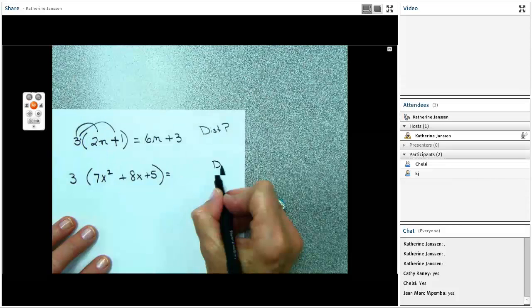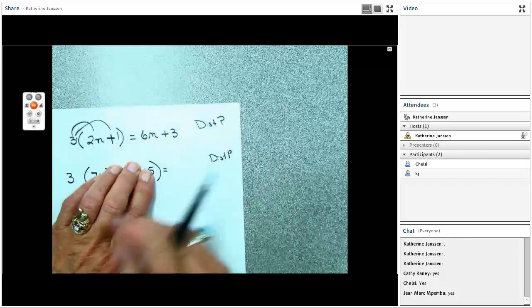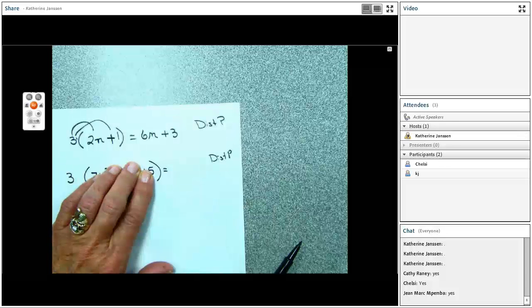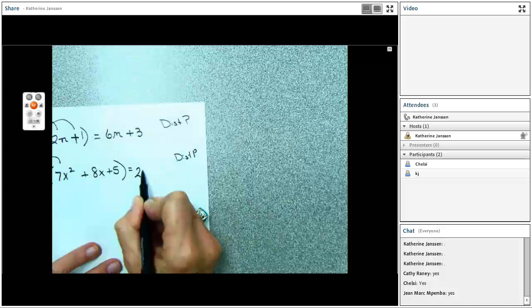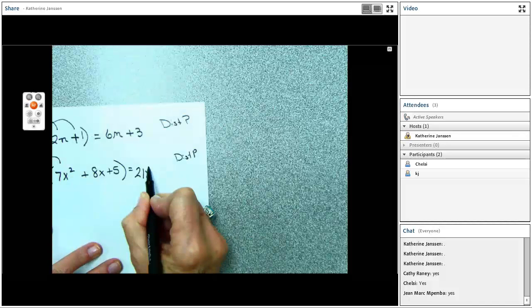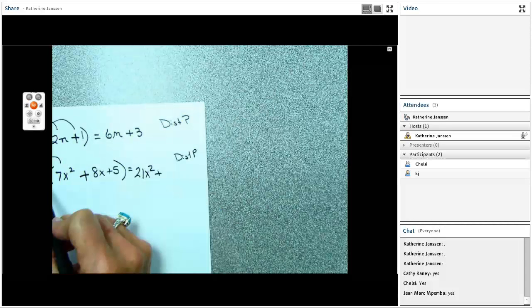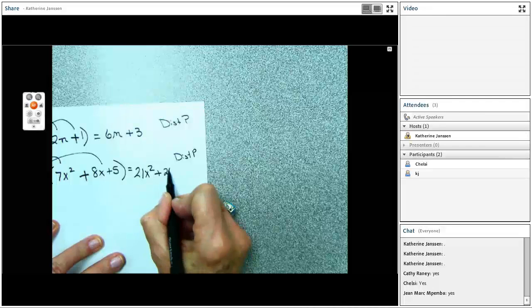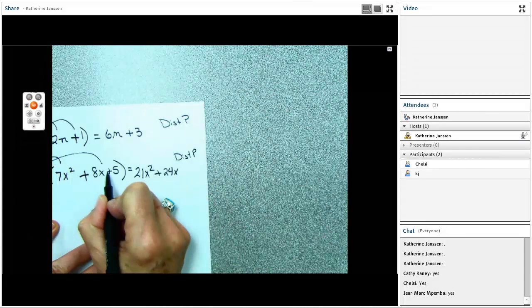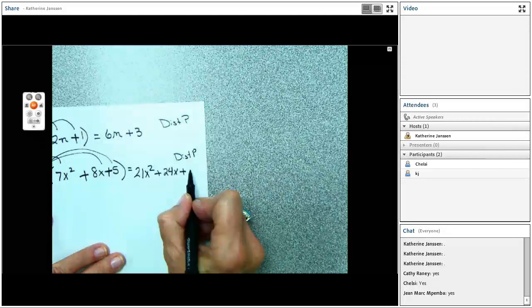This is my distributive property again. I have 3 times everything within this parentheses. So 3 times the first term would be 21x squared, pick up your sign. 3 times the next term, 24x, pick up your sign, and 3 times the last term would be 15.